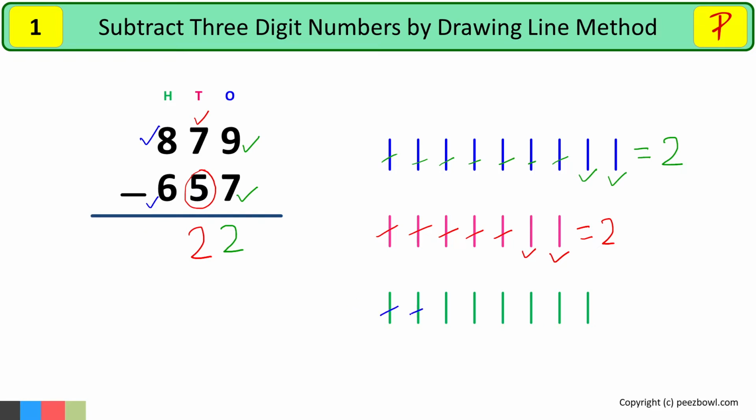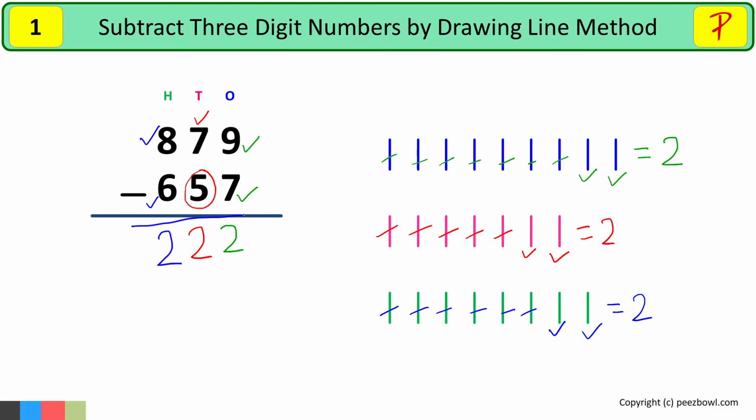I cut 1, 2, 3, 4, 5 and 6 lines. So after cutting 6 lines we have 1 and 2 lines remaining. So I will write 2 here and I will also write 2 at the hundreds place below 8 and 6.